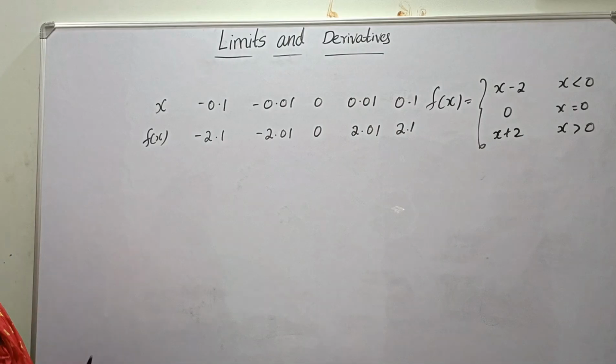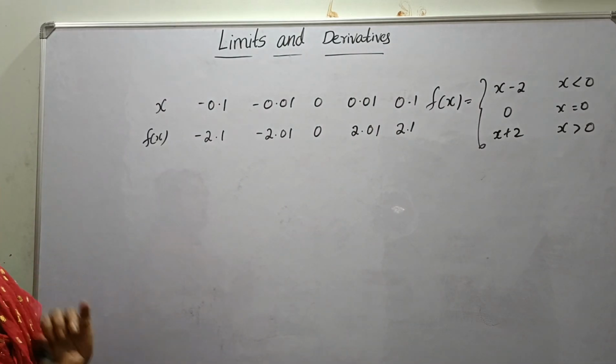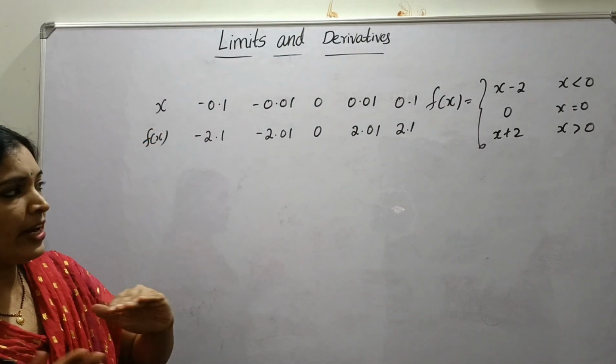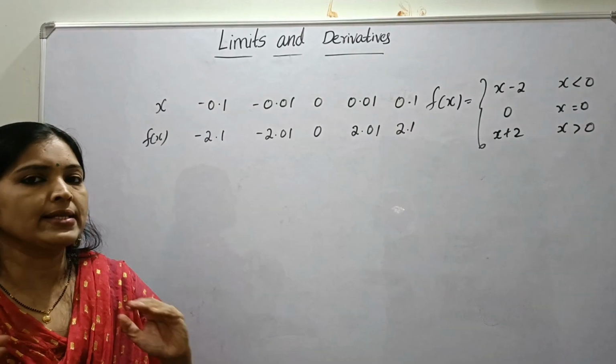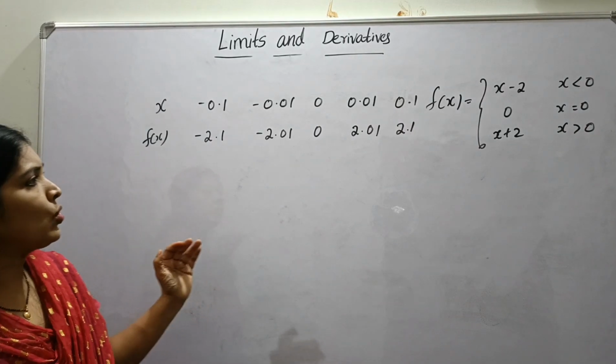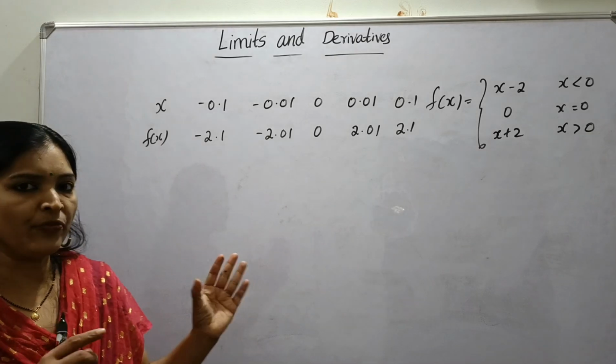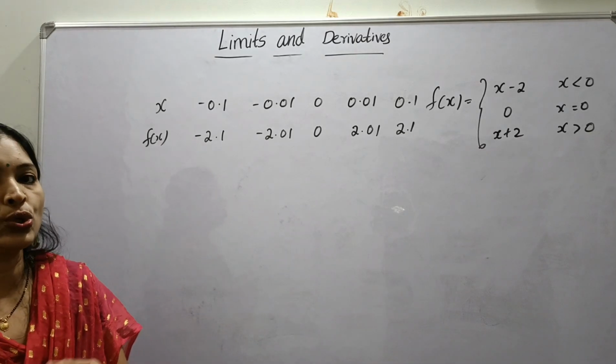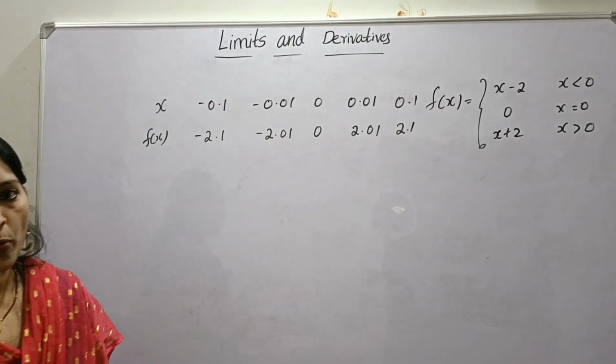See here, first of all let us write some values of x. When x is less than 0, that means negative values, right? So here we have taken some values that are very close to 0, that is minus 0.1.